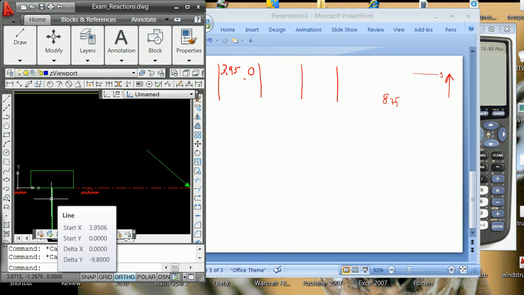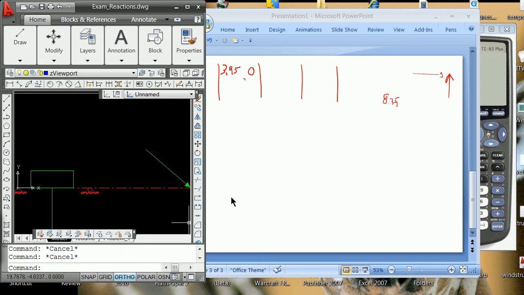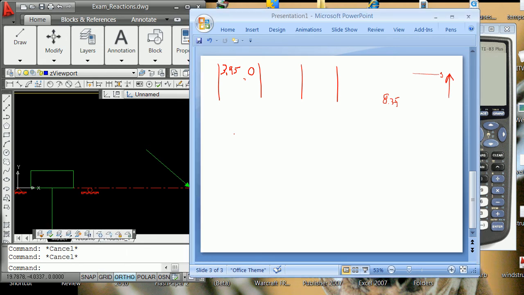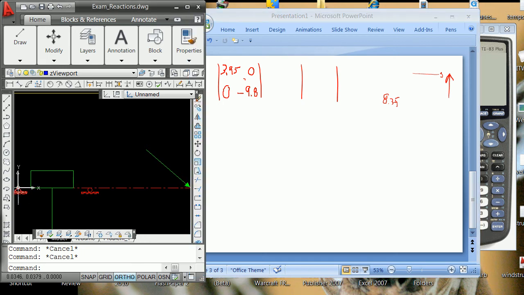The force is 0 and minus 9.8. So you go over here and you write down 0 and minus 9.8. That moment, which is going to be in the order of about minus 40, right, is the moment of this force about that reaction.